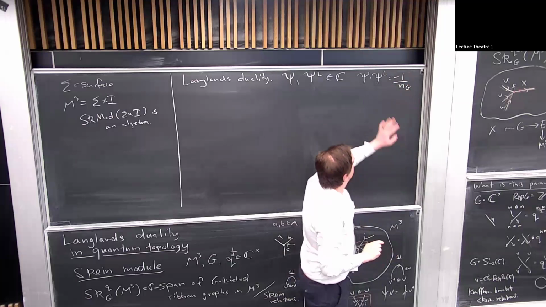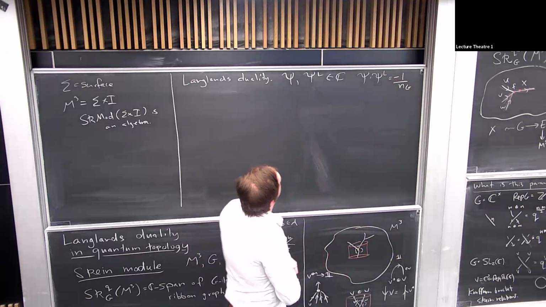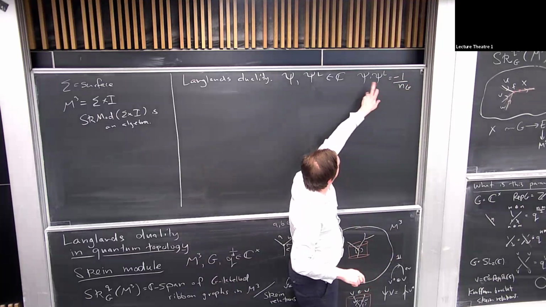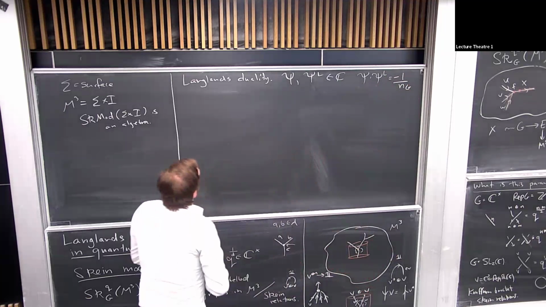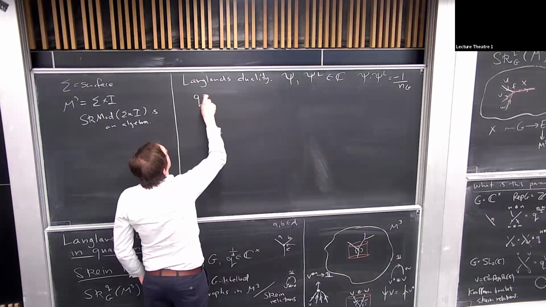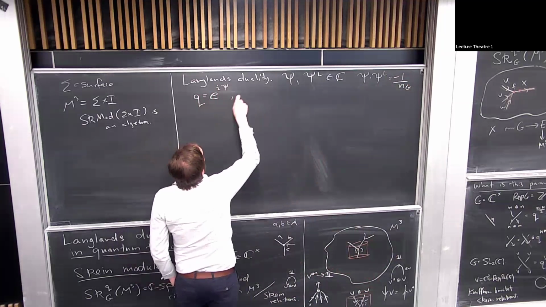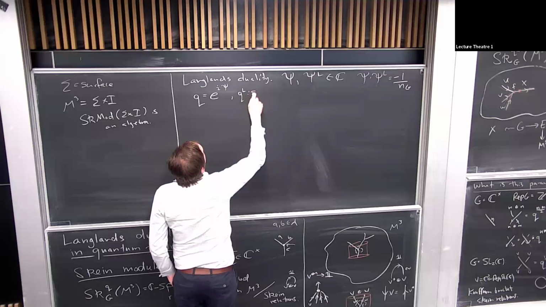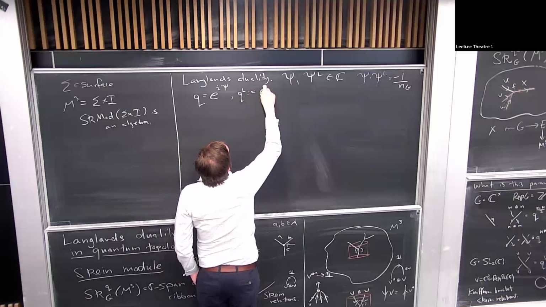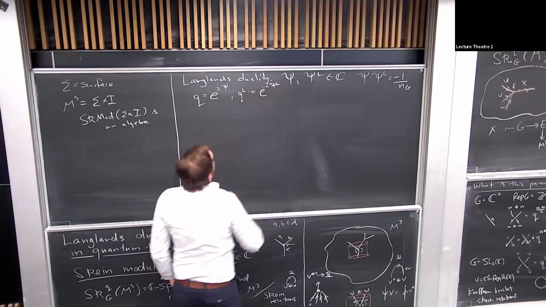Just ignore this. It's either 1, 2, or 3. So of course this means psi determines psi^L and vice versa. Then I suppose that q is e^(i psi), and q^L I define to be e^(i psi^L).